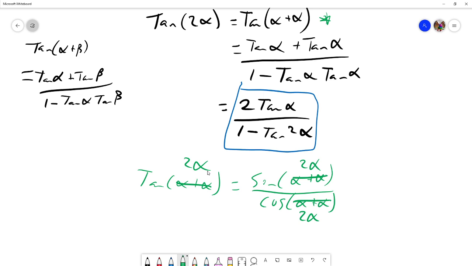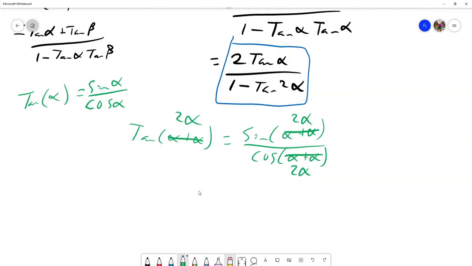And this we know from the reciprocal identity. So tangent alpha is equal to sine over cosine. So that's the fact we're using.